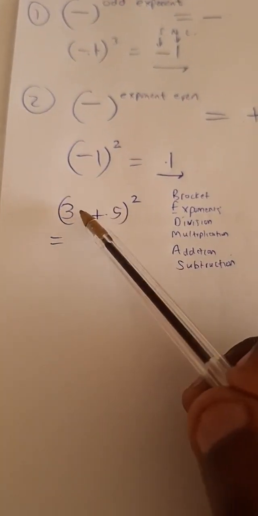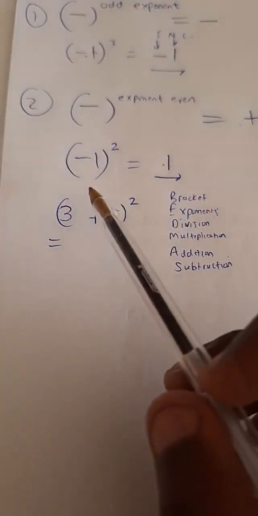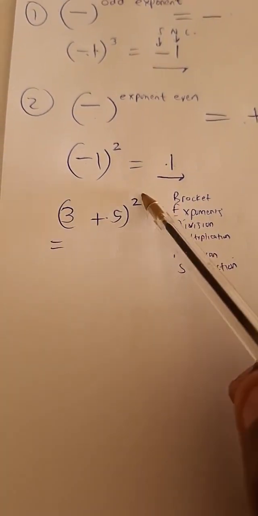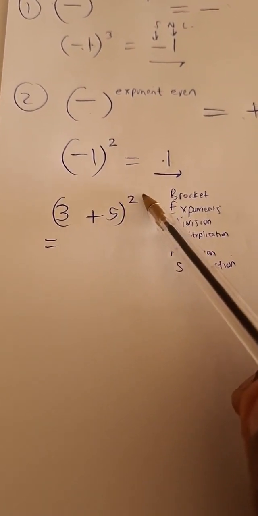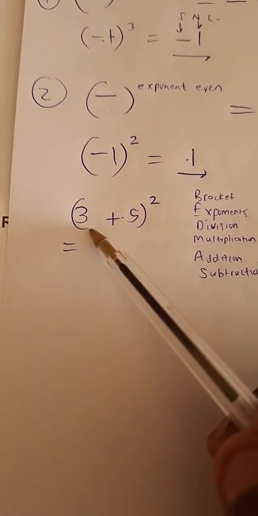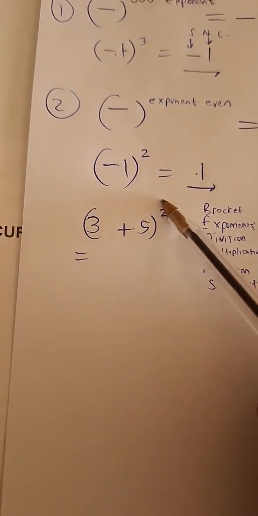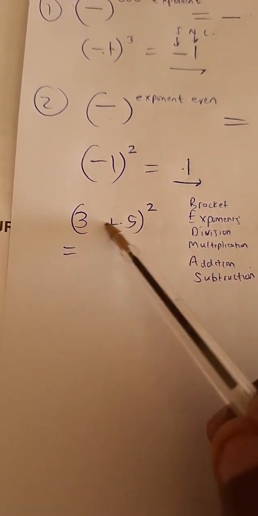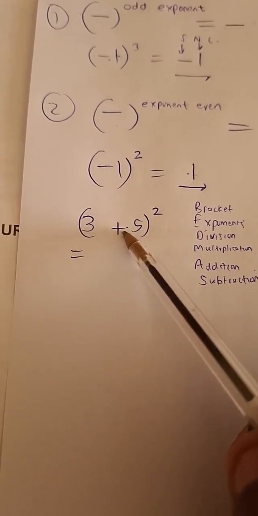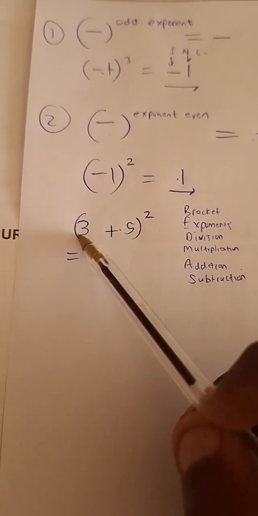So I hope all of you logically look at this and say, okay, we have brackets here, but we have an exponent. So typically we start with the brackets, then we look at the exponent. Inside the bracket we can clearly see 3 plus 5. These are like terms.